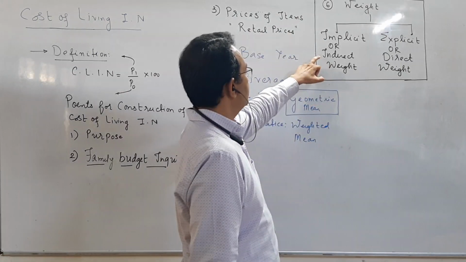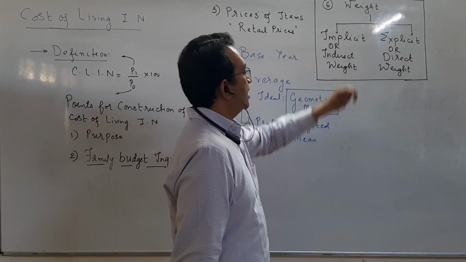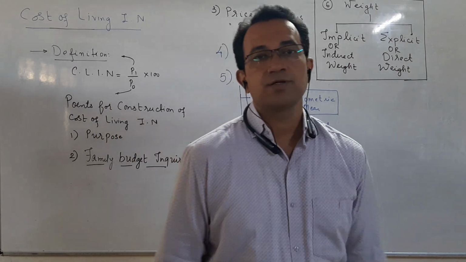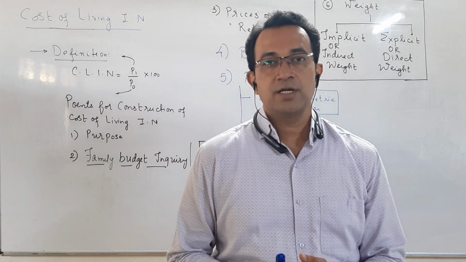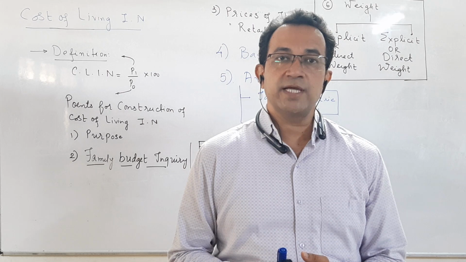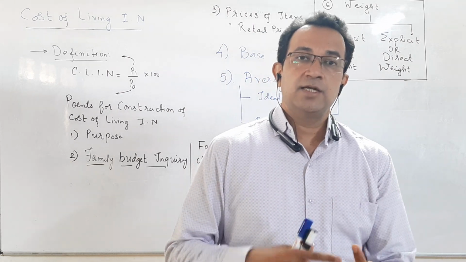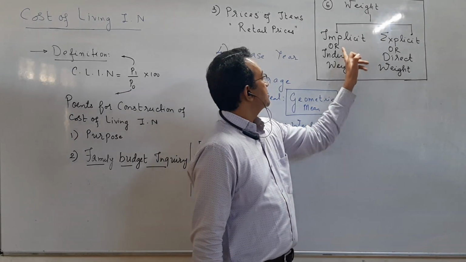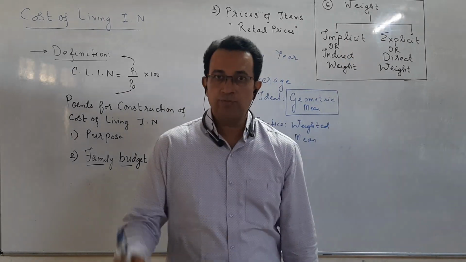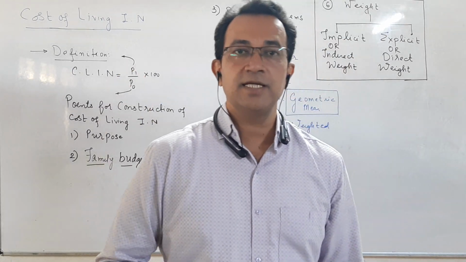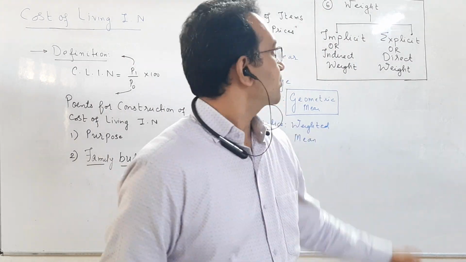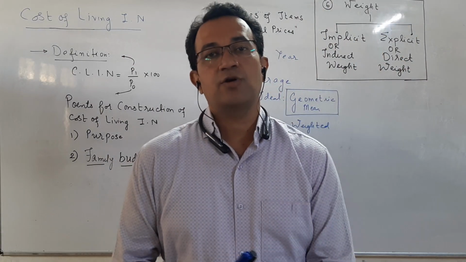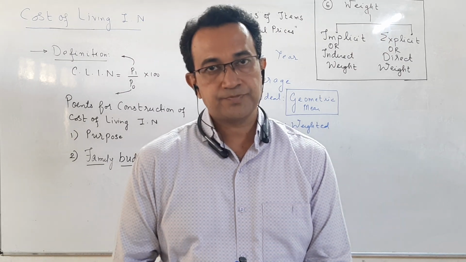The first is implicit or indirect weight, and second is explicit or direct weight. The weight which is expressed indirectly, not directly in terms of numbers, is called implicit weight or indirect weight, and weight which is expressed directly in terms of numbers is called explicit weight or direct weight.